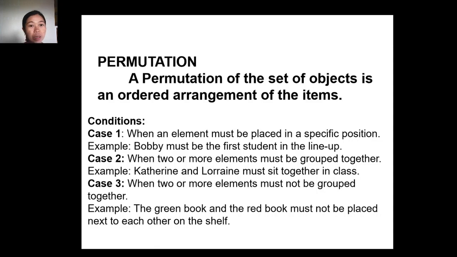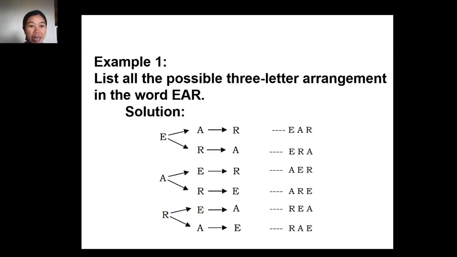Okay. So, let us have an example illustrating permutation. The example here is, we're going to list all possible 3-letter arrangements in the word ear.